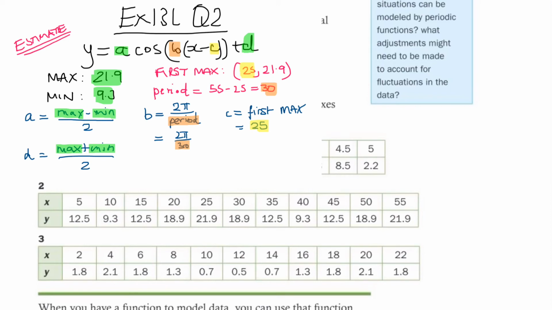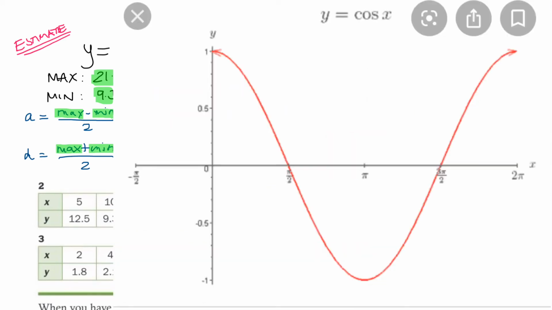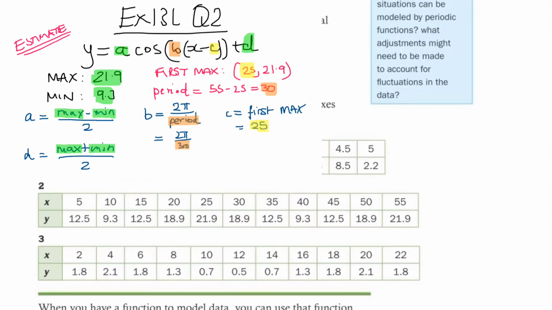And then the last one is the horizontal shift. Well, this is related to cos. If you remember, the cos graph always starts at the maximum. The original cos graph at 0 starts at 1. So when x is 0, y is 1. So we need to find when is the first maximum.